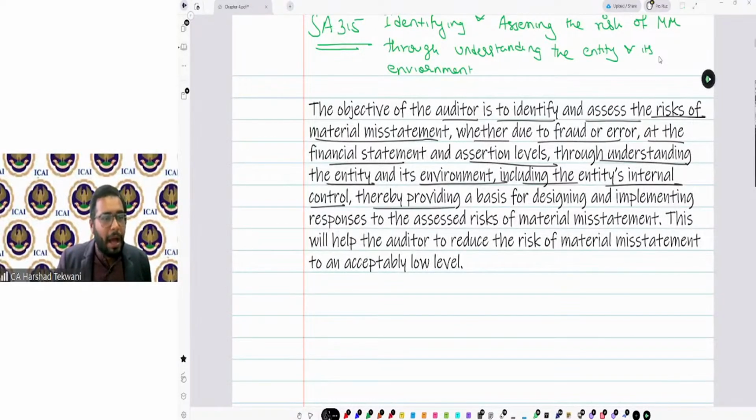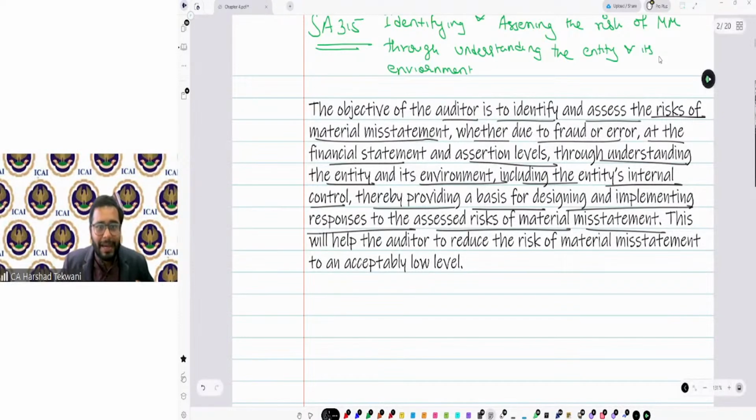Then provide a basis for designing and implementing responses to the assessed risk of material misstatement. That is something we did in the last lecture: we identified the risk at the assertion level.